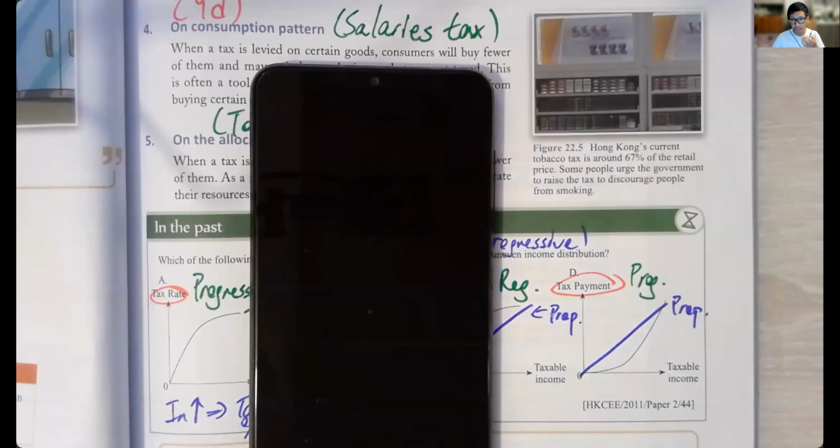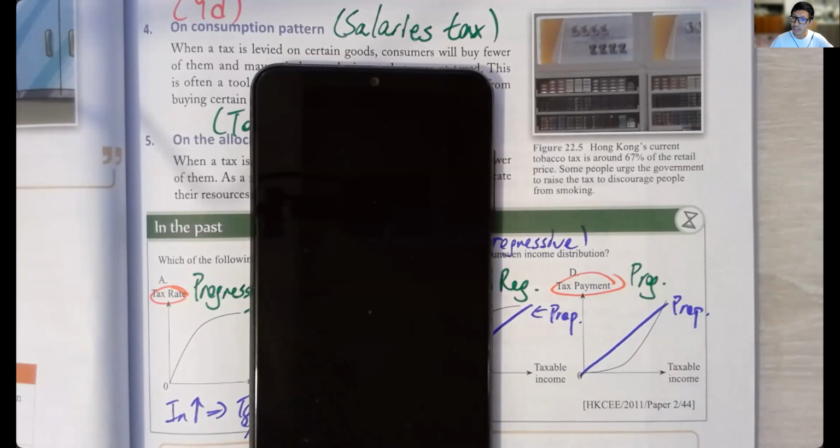the total tax rates. Let's compare new and old. Before, you see the new system and old system, this part from zero to the first point is always going to be zero. These people never change, they don't need to pay tax.